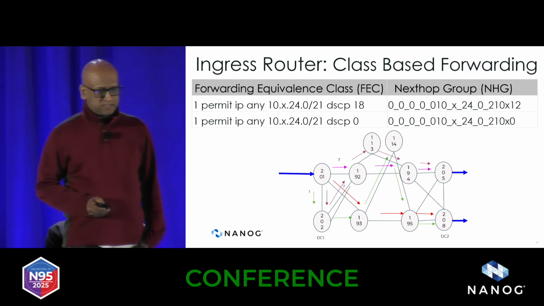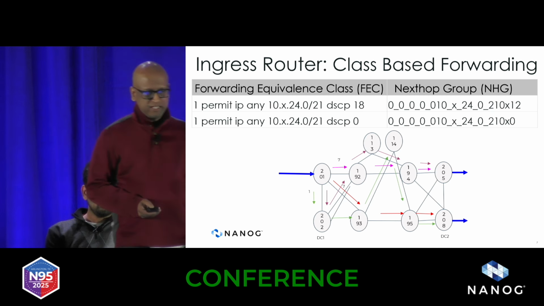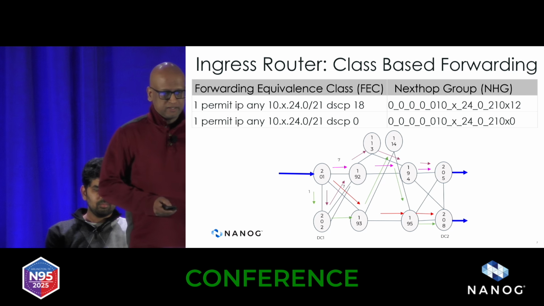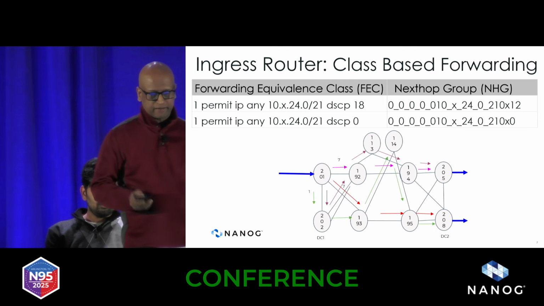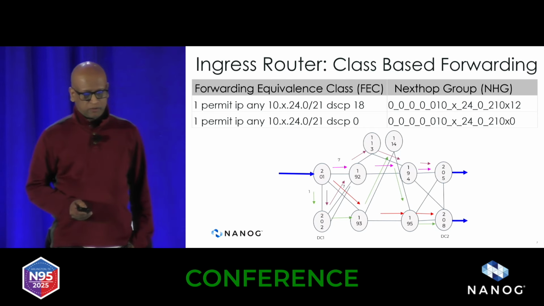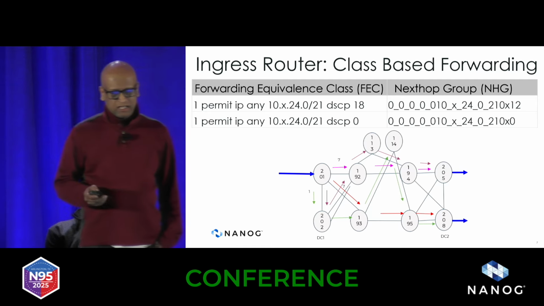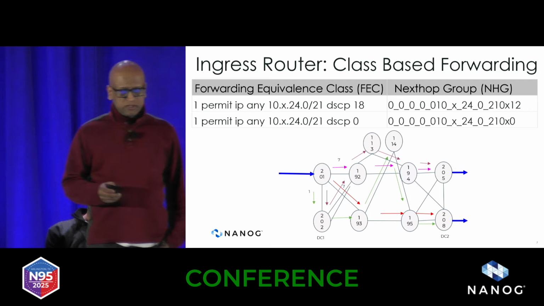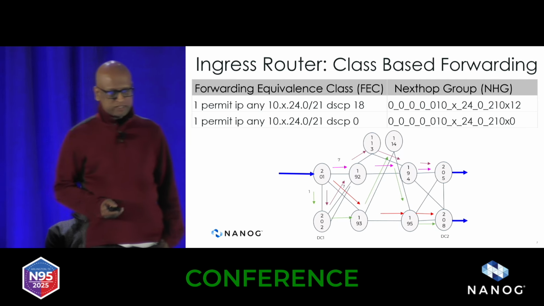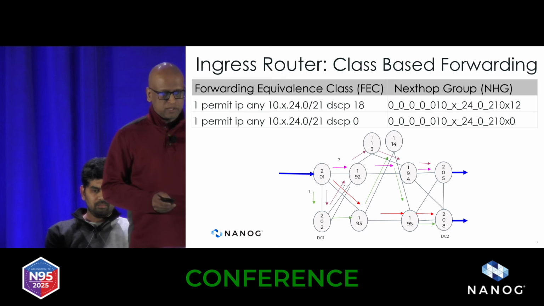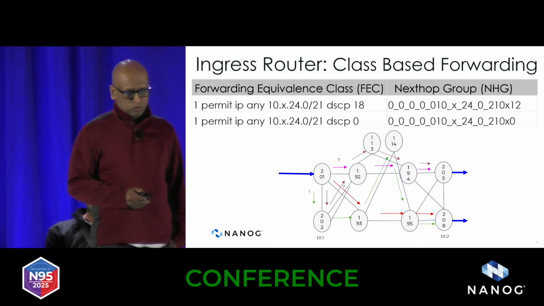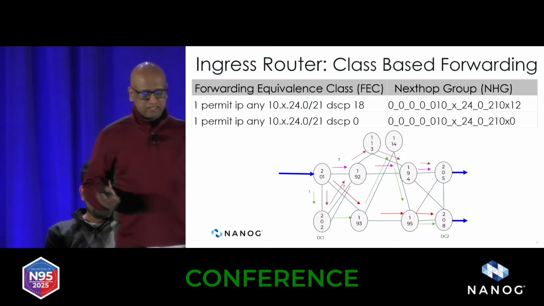There are two policies there. The first one is DSCP 18, which is low priority traffic, and DSCP 0, the second one, is high priority traffic. And they point to the two next hop groups, one ending in 210x0 and the other 210x12. 210x0 was satisfied with the shortest paths, that is 201, 192, 194, 205, and 201, 193, 195, 208.